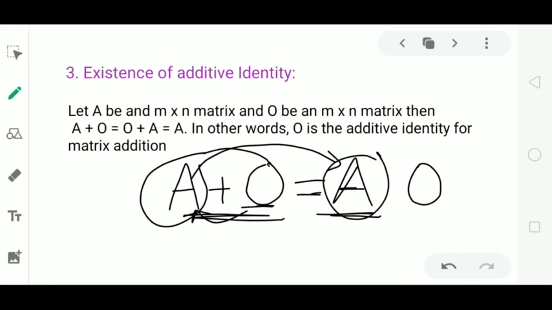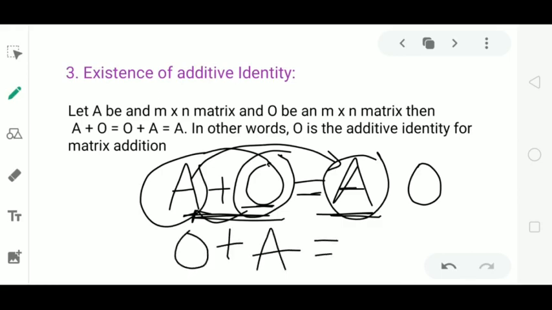In this case, we conclude that 0 matrix or matrix O is the additive identity of addition of matrices. And also we know that addition of matrices is commutative, therefore 0 matrix plus A is also equal to matrix A. Now let us see the statement.